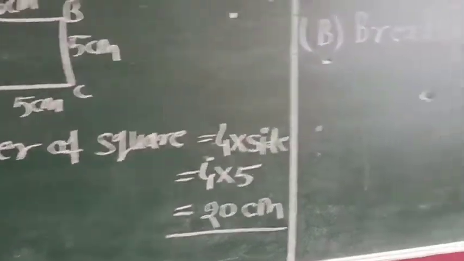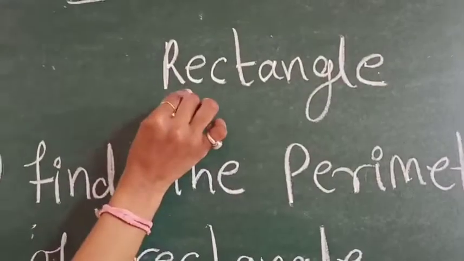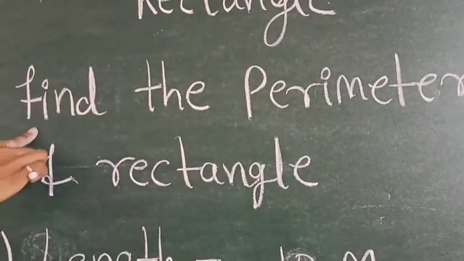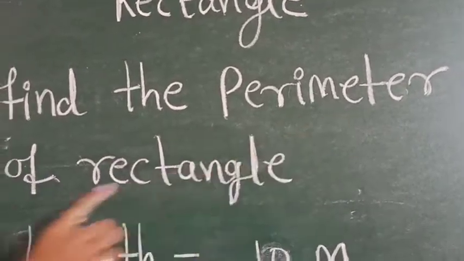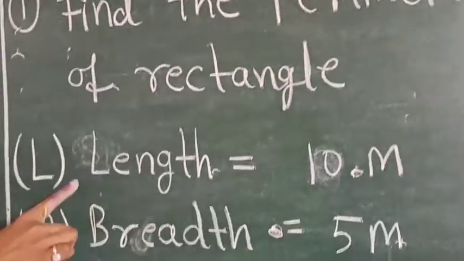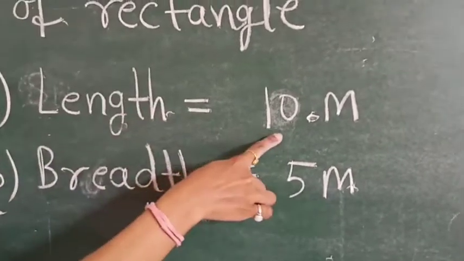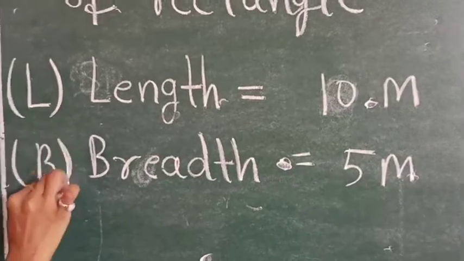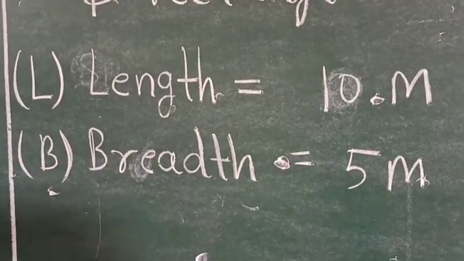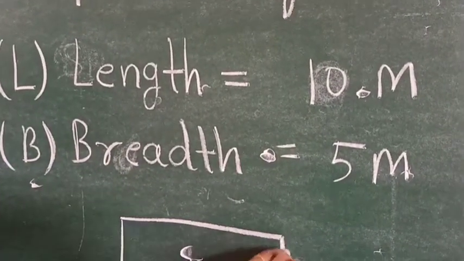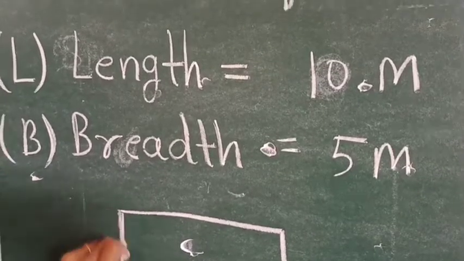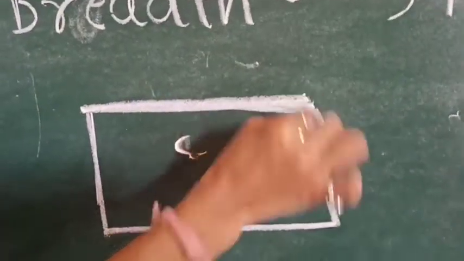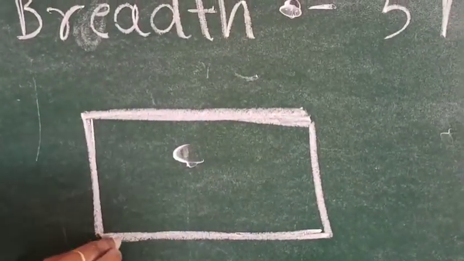After this we will come to the rectangle. This is a rectangle. First I will read the question. Find the perimeter of a rectangle. Here you can see you have length 10 meter, breadth 5 meter. Here we have length and width, because when we draw a rectangle, this is your length and this is your width.